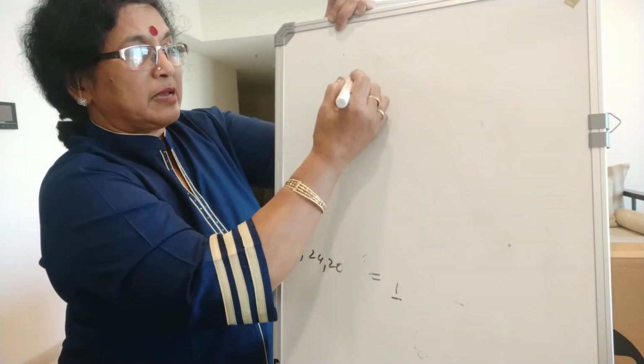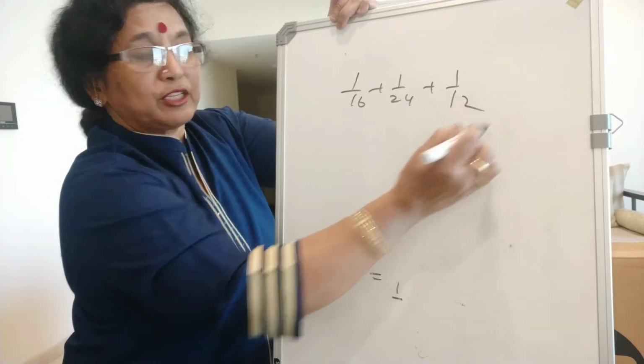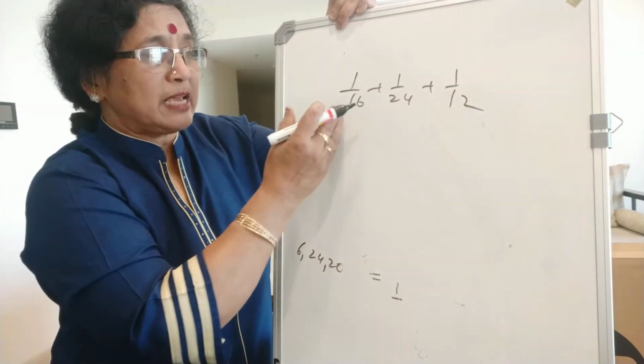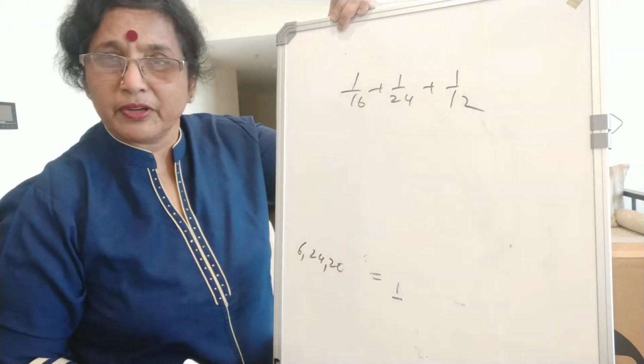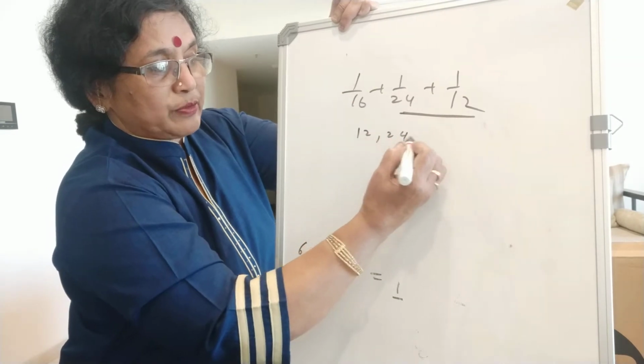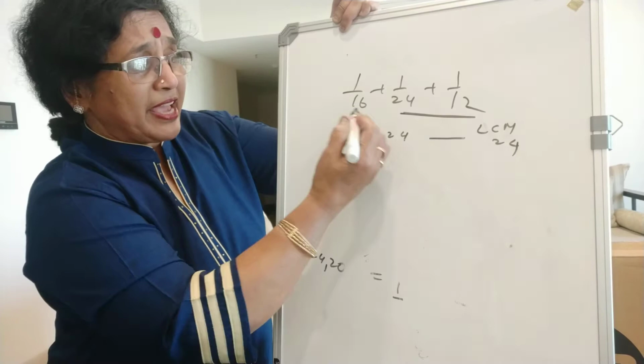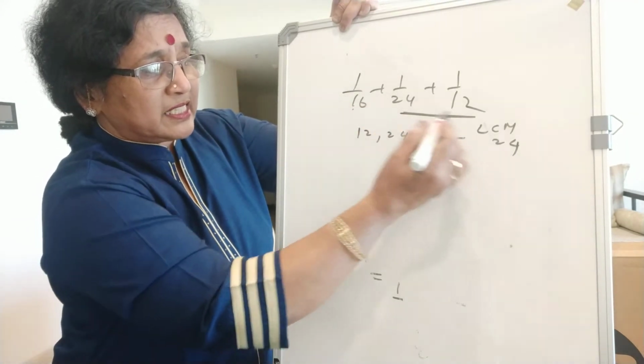This is for higher classes when you're doing time and work. Suppose you need the LCM of 1 by 16 plus 1 by 24 plus 1 by 12, and you need the LCM of 16, 24 and 12. You know that in 12 and 24, the LCM is 24 itself. And then you have 16 and 24.